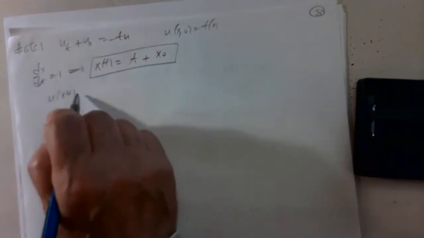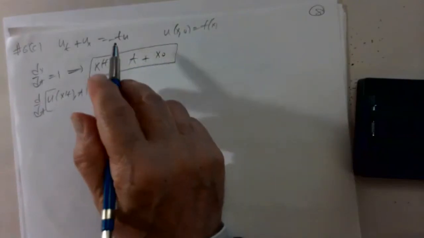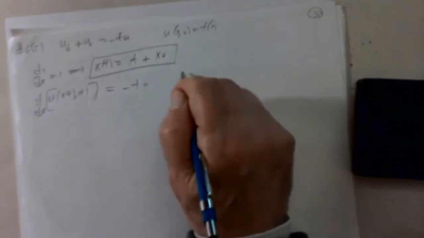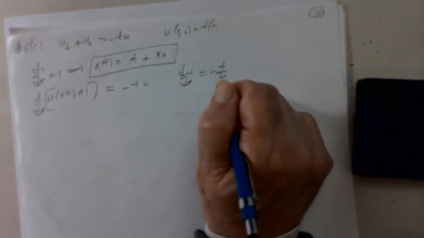So if we take u of x of t comma t and differentiate with respect to t, we will get minus tu, or du dt is minus tu.